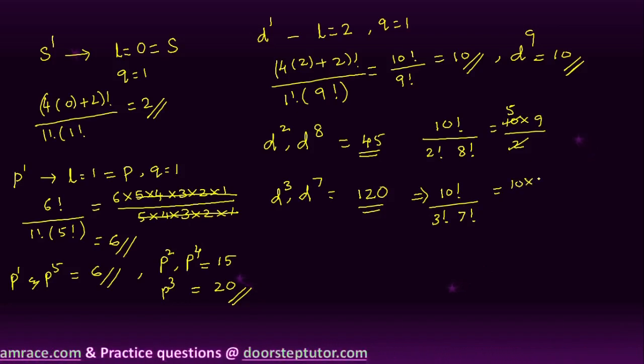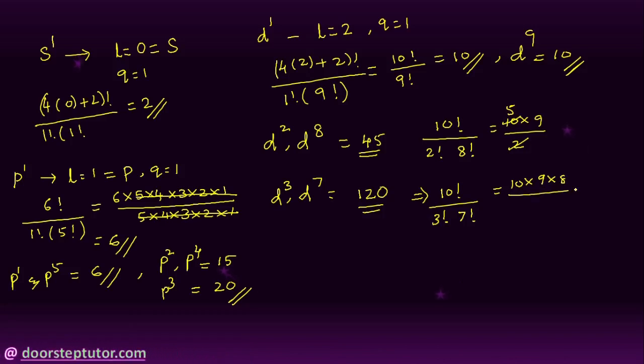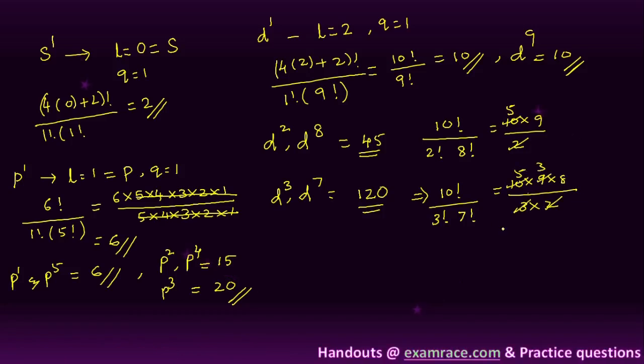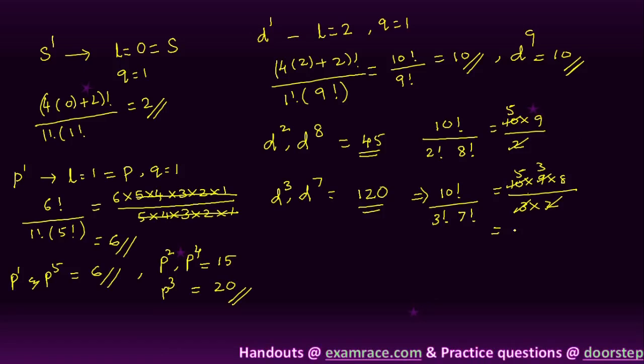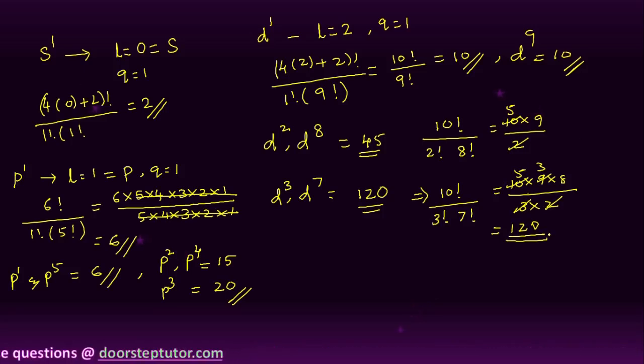The remainder is 10 into 9 into 8, divided by 3 into 2. So 2 fives are 10, and 3 threes are 9. That gives 3 into 8, 24, and 24 into 5 is equal to 120. Therefore the number of microstates is 120.